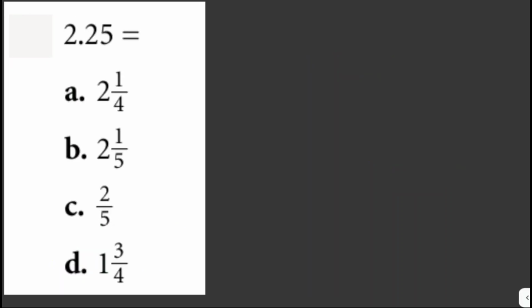2.25 is equal to. In our choices here, we have fractions, mixed fractions, and proper fractions. So we need to write 2.25 as a fraction. In the previous video, we converted a fraction into a decimal. 2.25 involves a whole number, which is 2, and a decimal, which is 0.25.